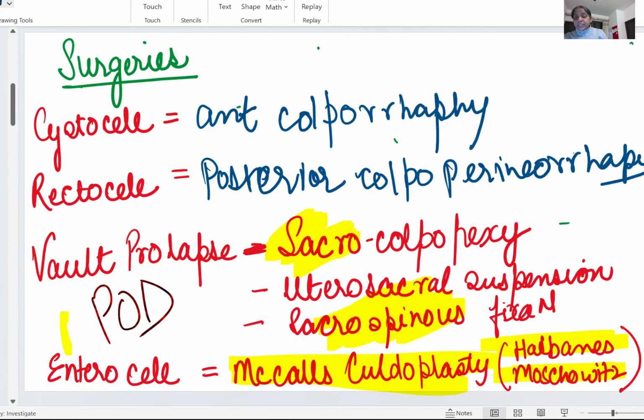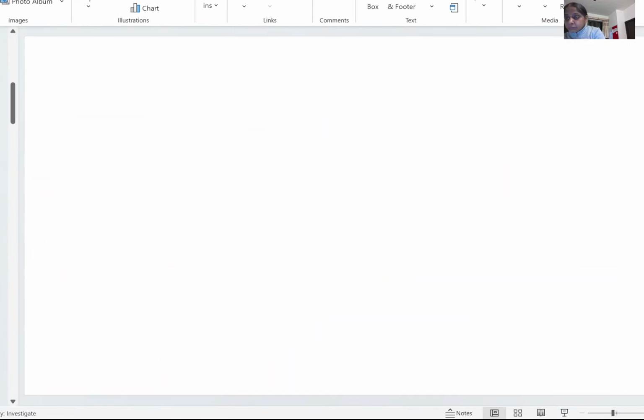What is vault basically? It is the part of the vagina which is left after removing the uterus. We stitch that.